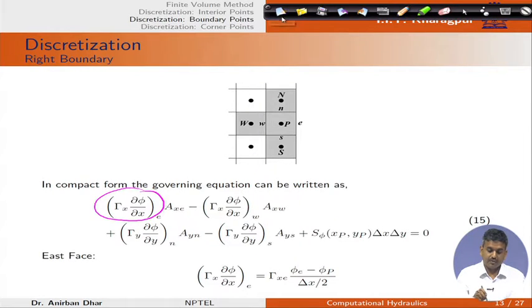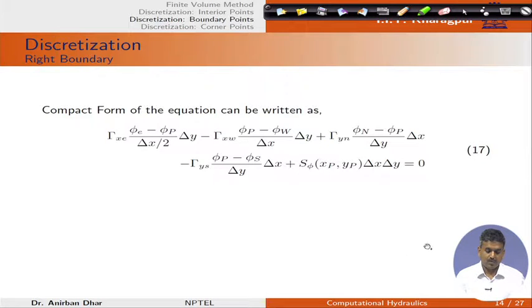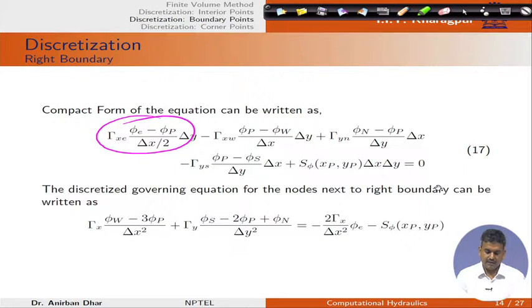Now, we can use this to get our compact form of the equation, only changes here. Now, again we can get our discretized governing equation for nodes next to right boundary like this. In this case phi e is known, so that is why it is in the right hand side.